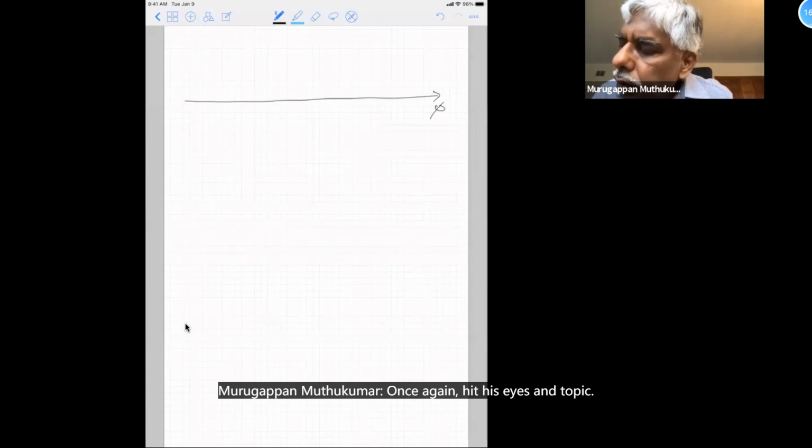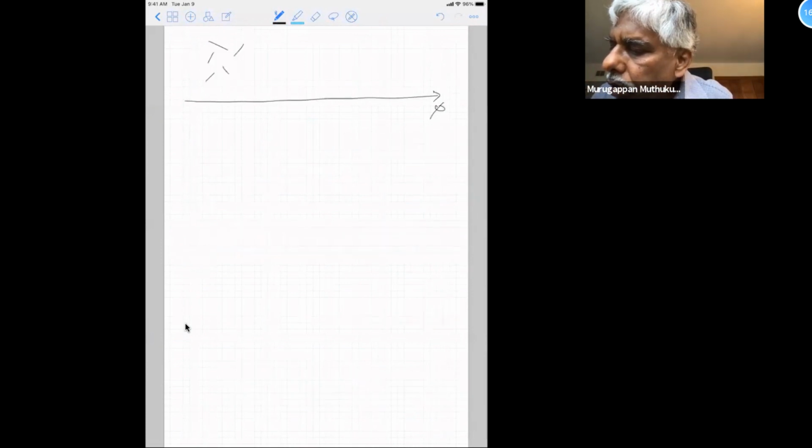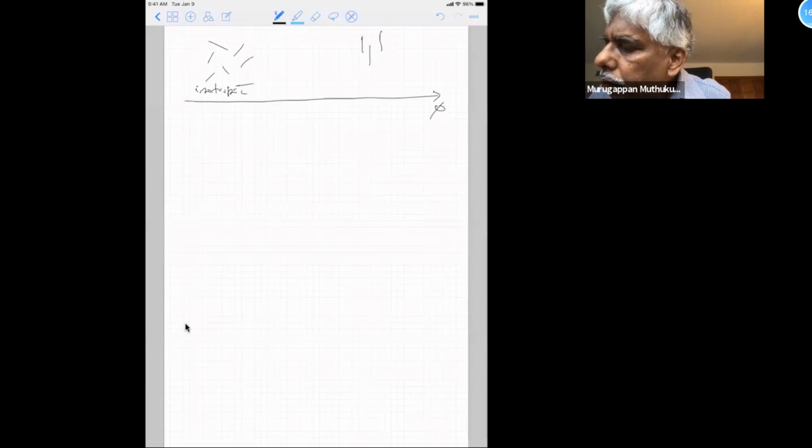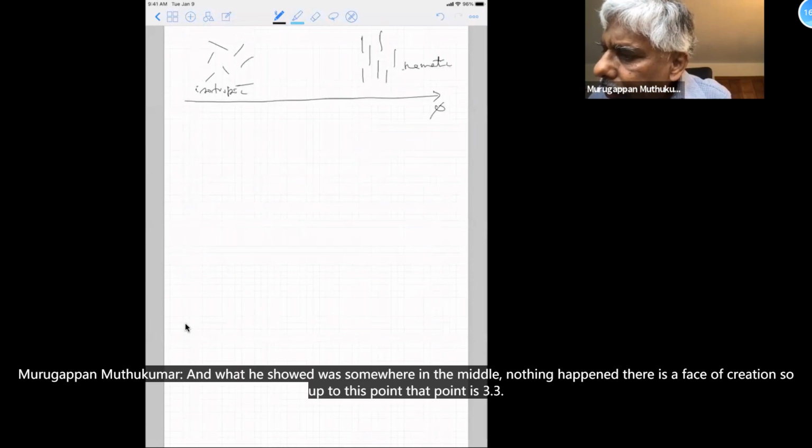Once again, here is isotropic. And this is nematic. And what he showed was somewhere in the middle, there is a phase separation.